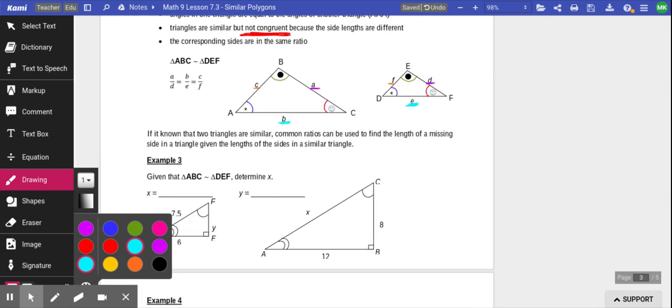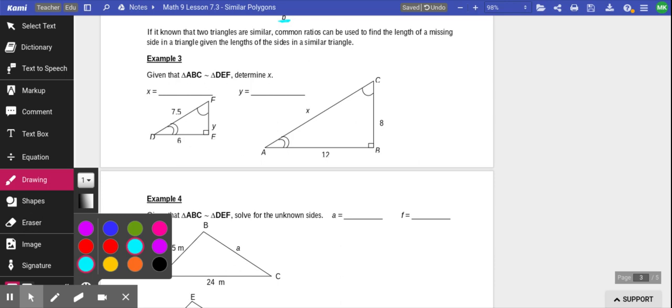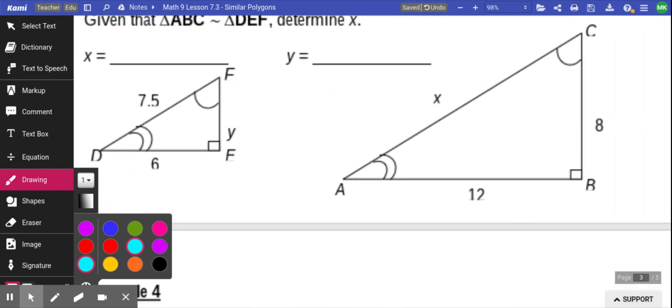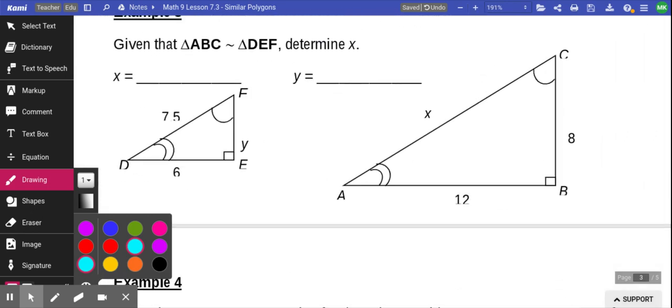Beautiful. Let's just jump into a triangle question. So we look here. They want us to figure out the missing sides. I'm going to figure out which ones connect. Looking at these triangles, 7.5 and x are connected. They're somehow corresponding to each other. 6 and 12 are somehow connected or corresponded through the bottom.